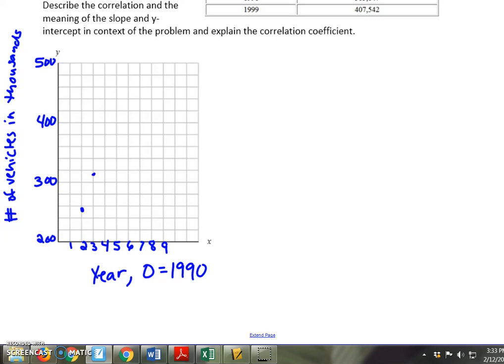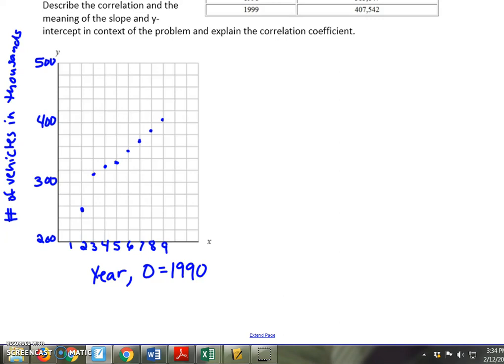In 1994, I had 324,000. In 1995, I had 333,000. 1996 was 352,000. 1997 was 367,000. 1998 was 383,000. And 1999 was 407,000. That looks pretty linear to me.